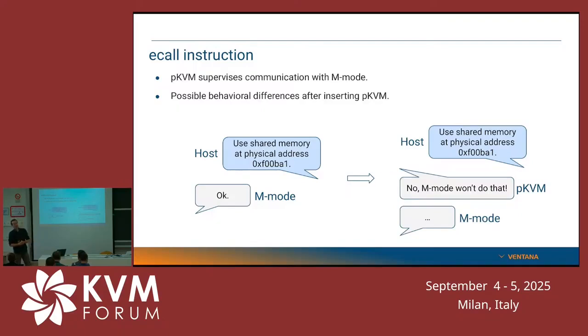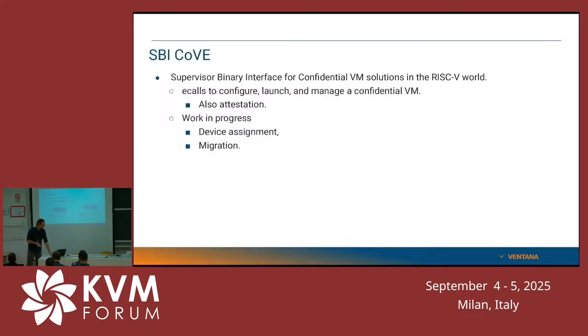The easiest way would be to convince Linux not to use ECALLs, but most of them are useful, like changing the frequency of your CPU. And then I think we'll end up having pKVM actually implement and check all the ECALLs eventually, which hopefully we'll try to make better, but this is looking to be the only feasible solution.